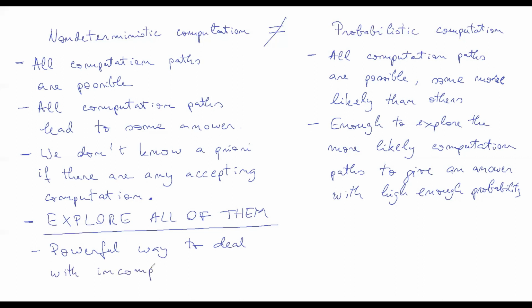And the example I had on the previous whiteboard was in fact suggestive of this case. I wasn't quite sure when I was reading the input tape whether I was or not on the third position from the right, because I couldn't look ahead. And still I could manage it with a relatively small non-deterministic finite automaton. So these sorts of non-deterministic devices represent a powerful way to deal with incomplete information.